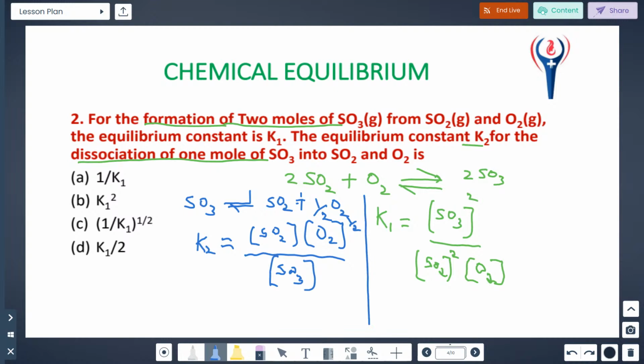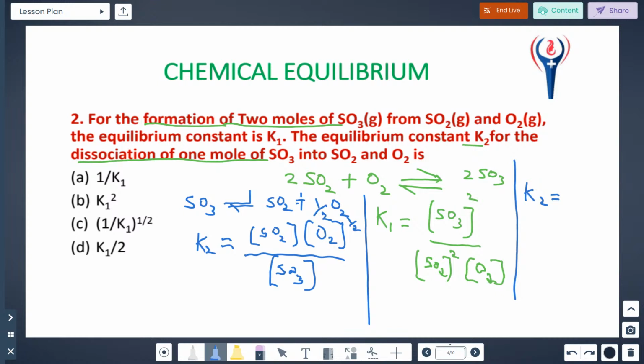Now we have to compare the two equations. This is the K1 value, and this is the K2 value. Just compare the two formulas. Here SO3 is in the denominator, there SO3 is in the numerator.